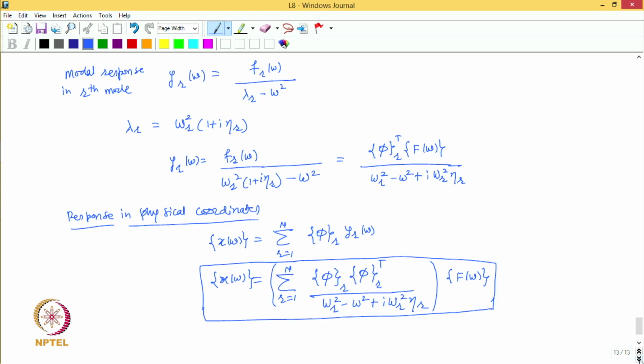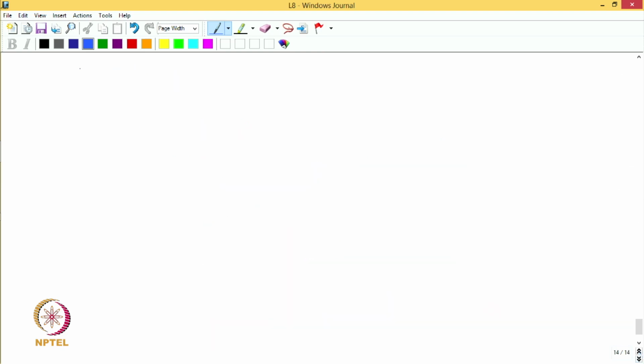Now, let us find out for the non-proportional case. Let us do it for the steady state response by modal analysis for the non-proportional damping case.